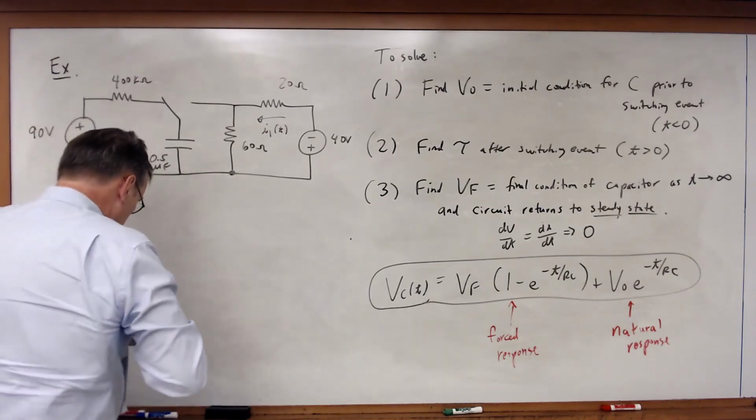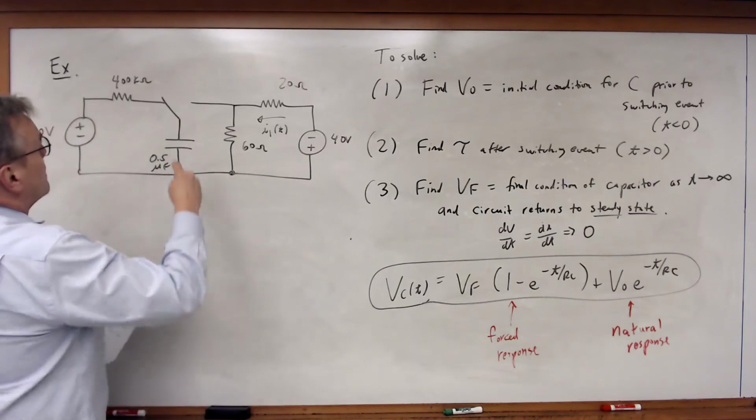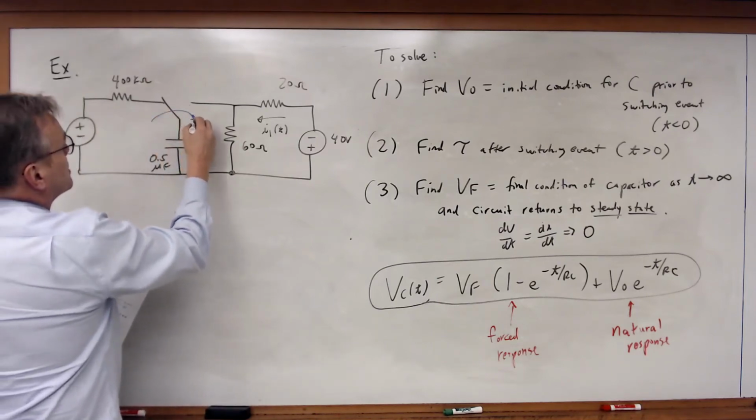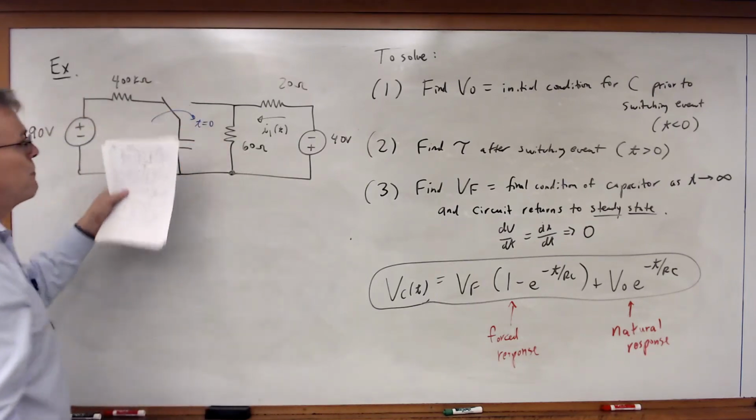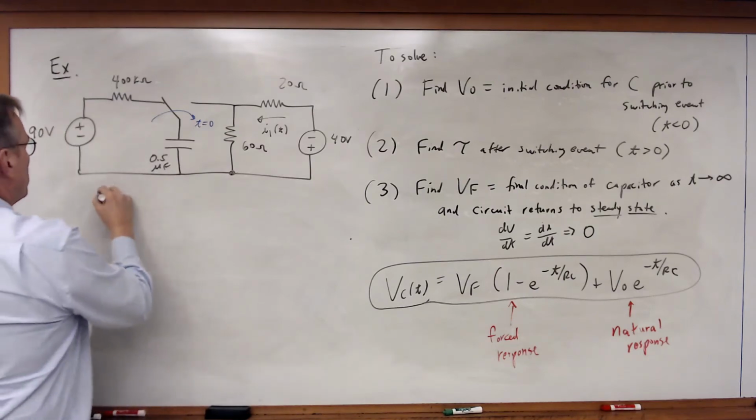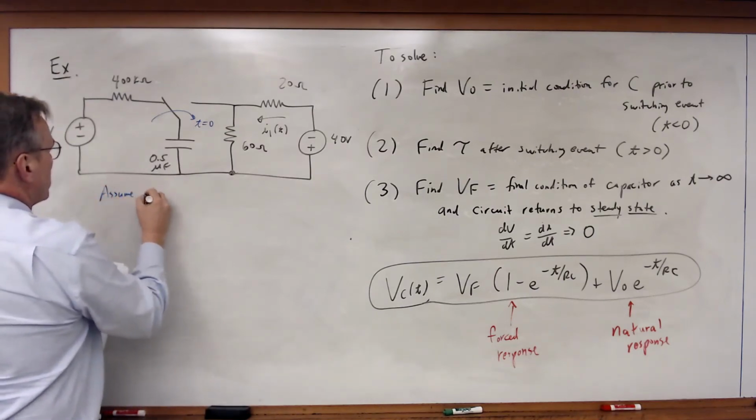Okay, so in this case, I've got a switch that's going to flip over at time t equals 0. So once again, we're going to assume steady state for t less than 0.